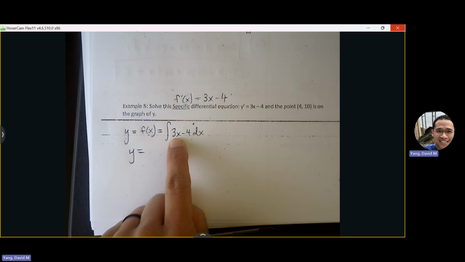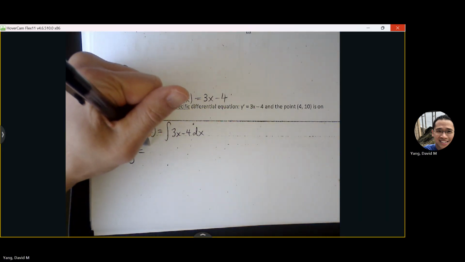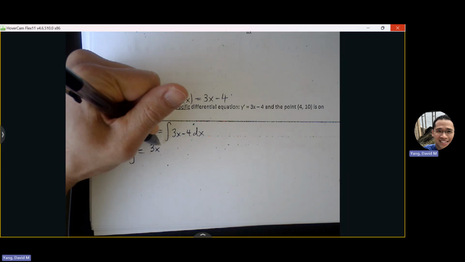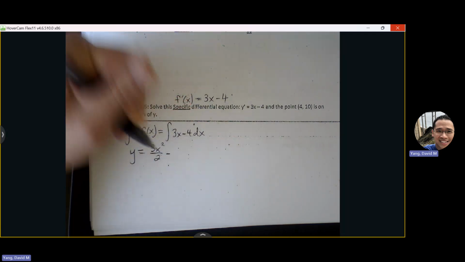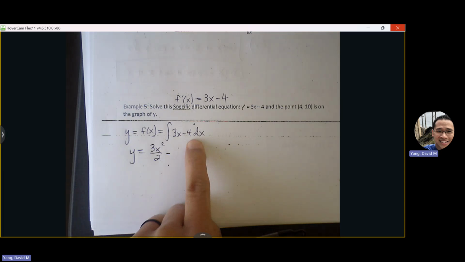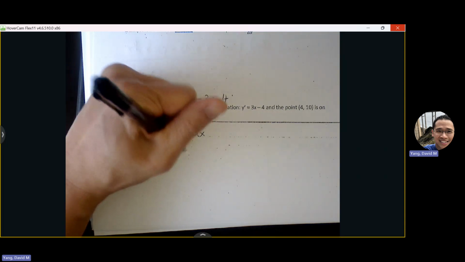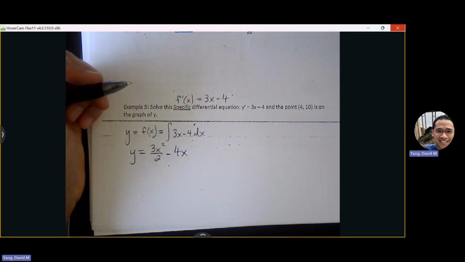So 3x becomes what? 3x squared, good, over 2, right? And then what does minus 4 turn into? Good, minus 4x, right? Every degree is going to rise by 1.